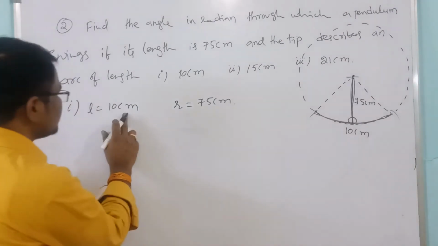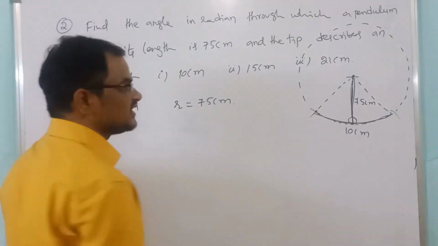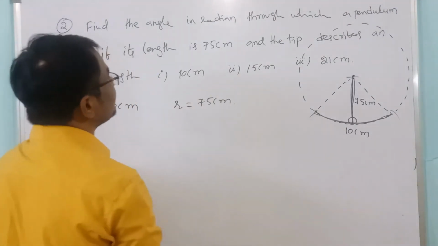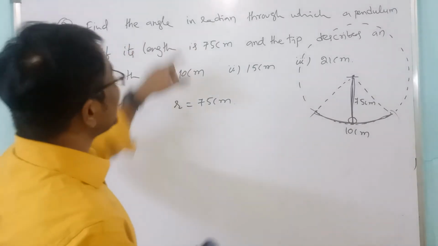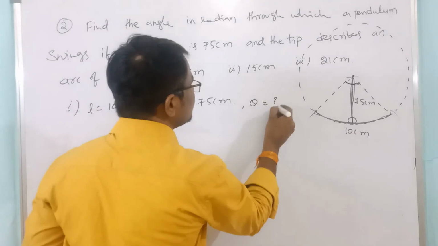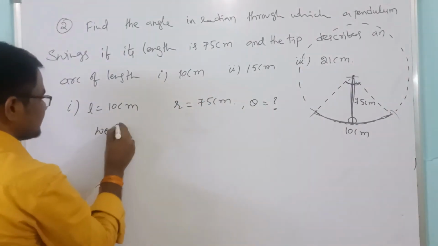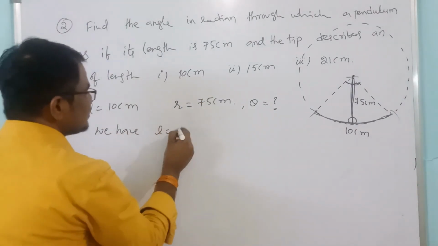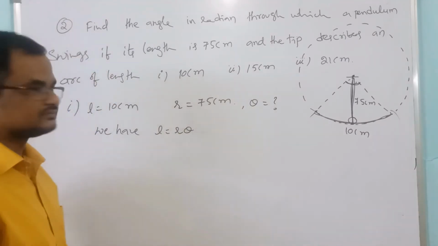So L equal to 10 centimeters, R equal to 75 centimeters. Then what are they asking? Find the angle, that means theta equal to what? We know that L equal to R theta, right?